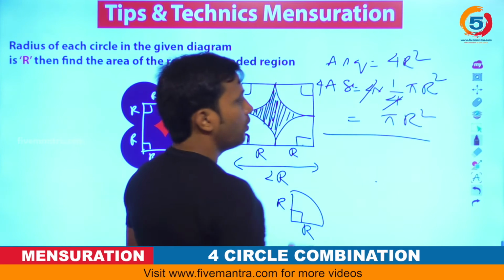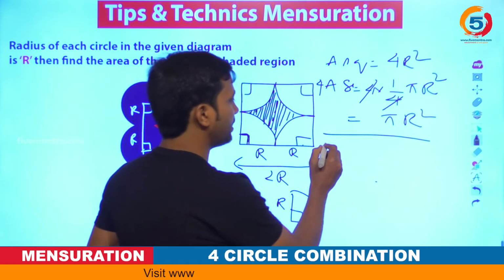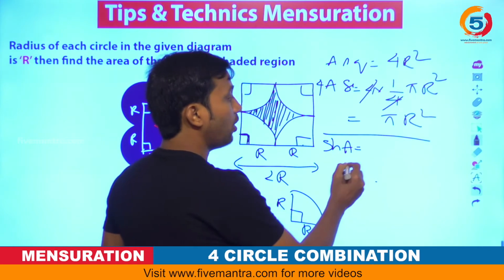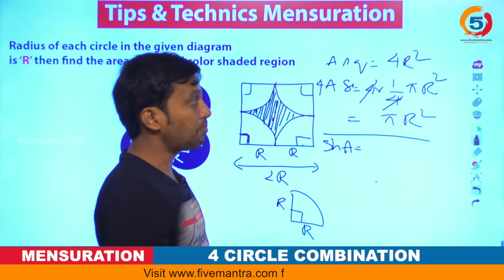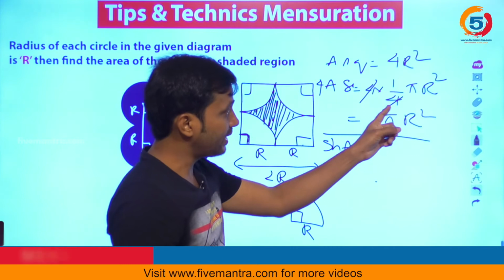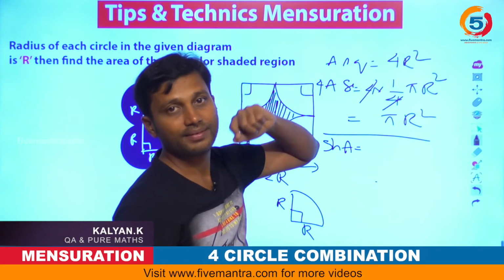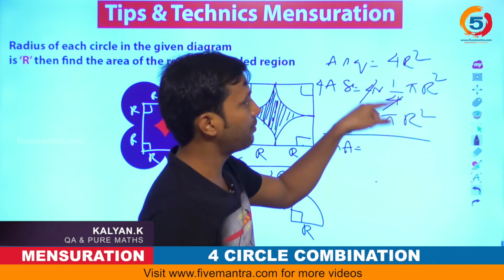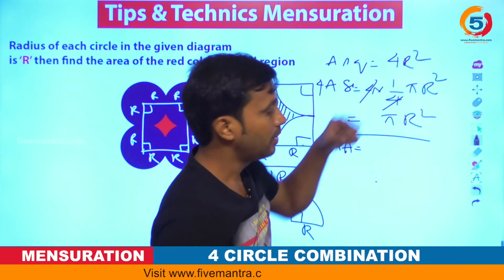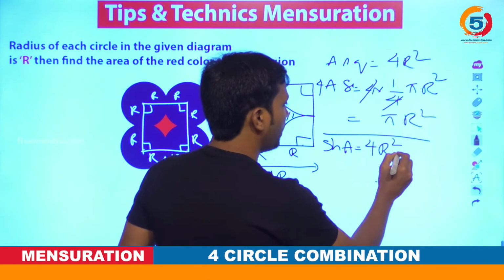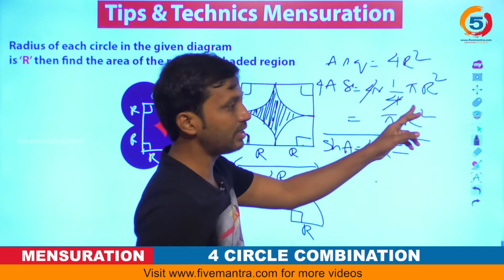Then if you want to find out the shade region, meaning shade area, then how can we find it here? Subtracting the 4 sectors' area from the area of the square. What is the area of the square? 4r square. What is the sum of the areas of 4 sectors?